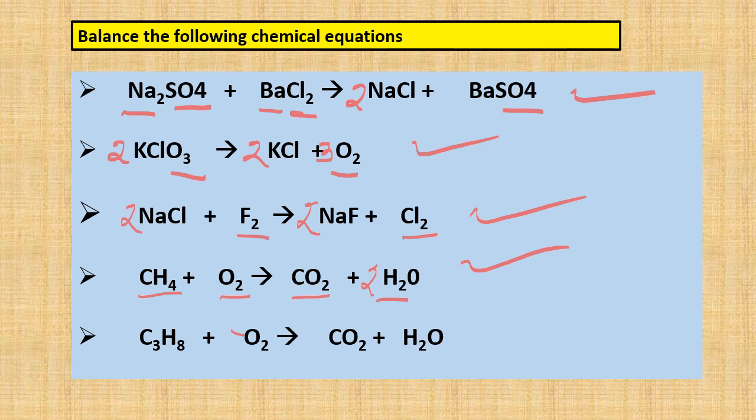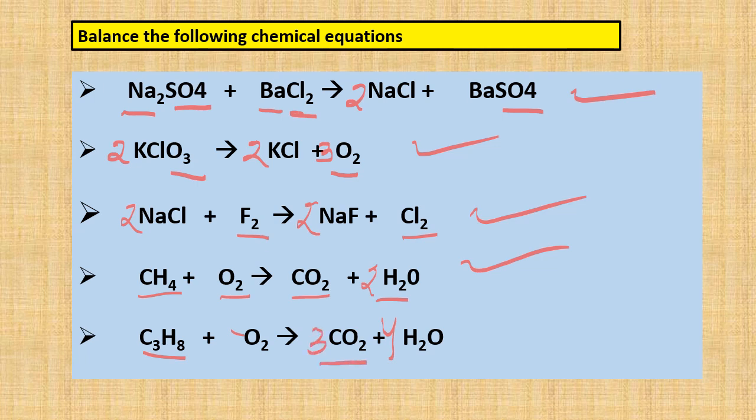You can see that there are 3 carbon atoms and 8 hydrogen atoms. So it is convenient to balance from hydrogen. So in order to balance hydrogen, we need to put 4 in front of H2O. Hydrogen is balanced. Now it's time to balance carbon. If you need to balance carbon atoms, just put down 3 in front of CO2.